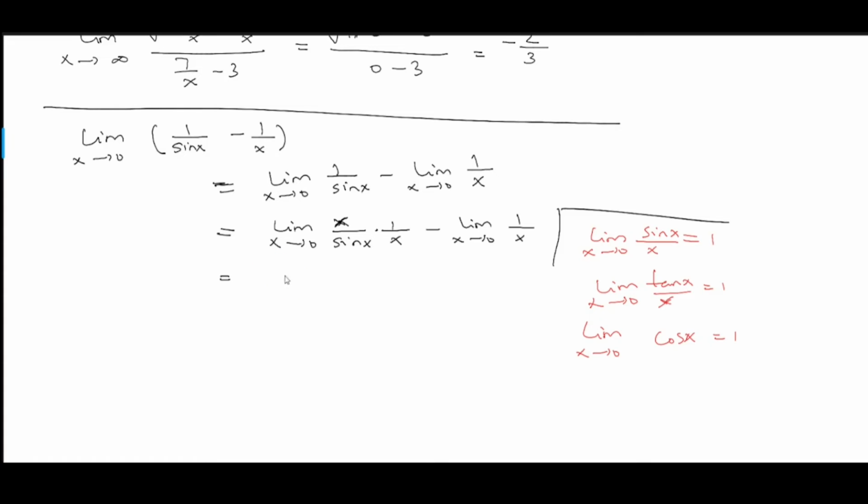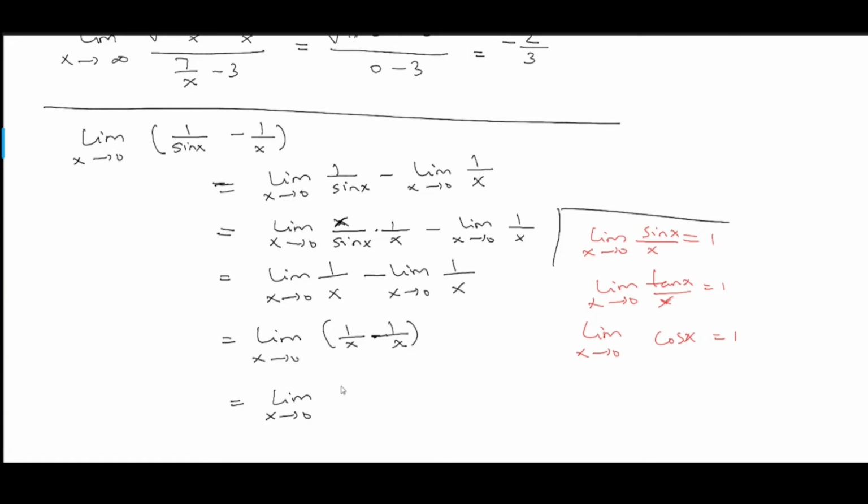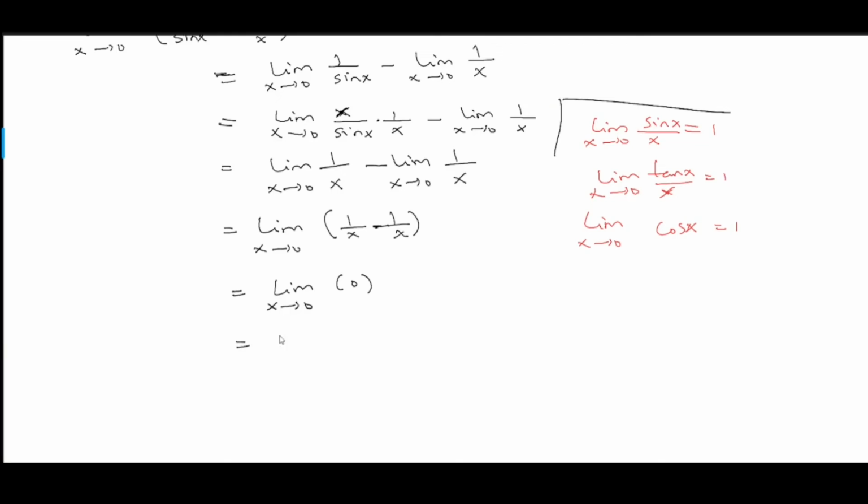I can rewrite this as limit x tends to 0, 1 by x minus limit x tends to 0, 1 by x. But if I write it back as a whole, I can see limit x tends to 0 of 0, and that says my overall limit is 0.